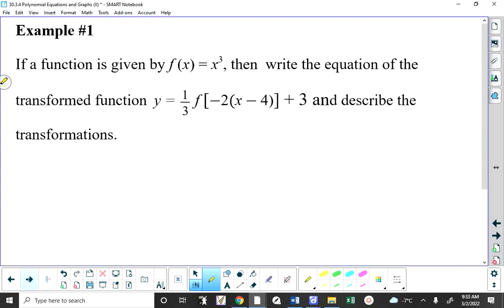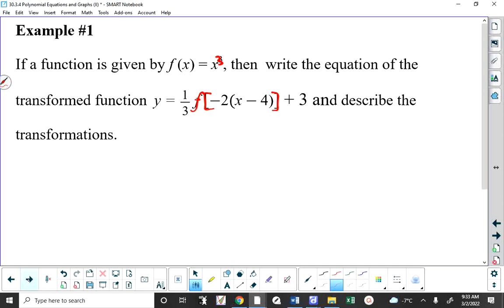if I give you f of x equals x cubed, this is example 1, and I say, what's the equation of 1/3 f of negative 2 times x minus 4 and then plus 3, that's really nothing new. But this is almost day 2 of this course, because you need to remember here that the cubed is the f, right?